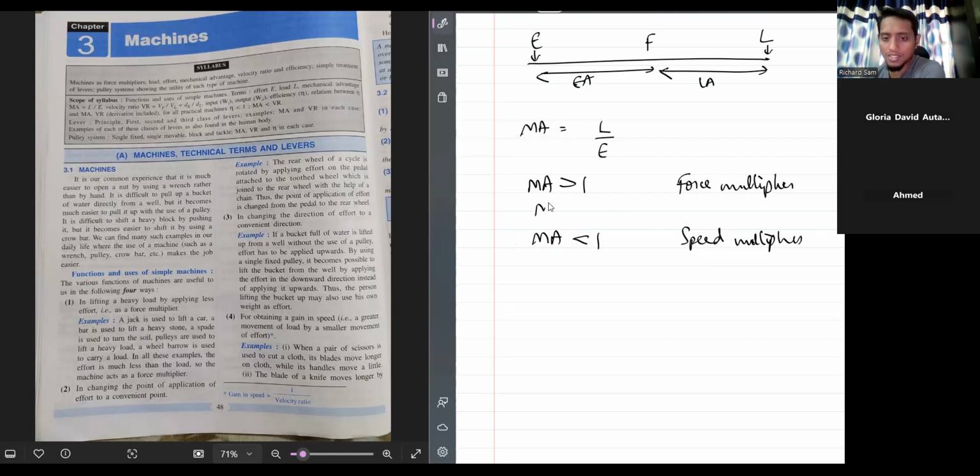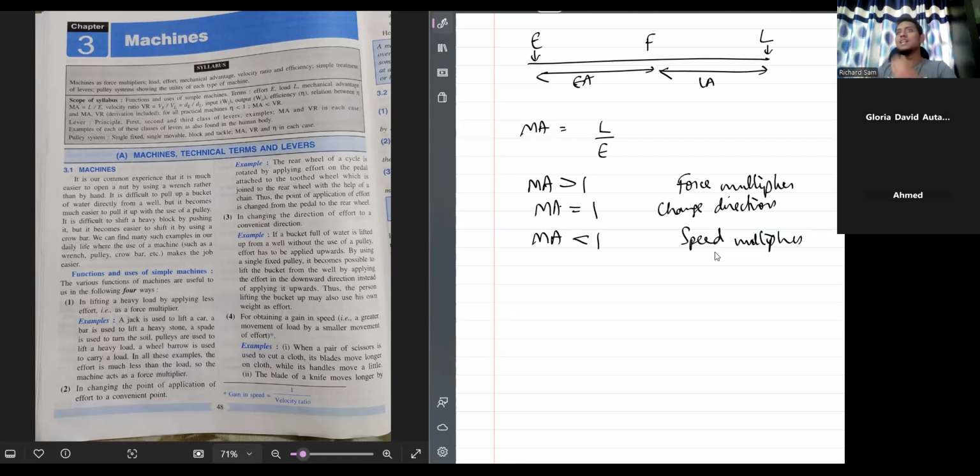What if a machine has a mechanical advantage of exactly 1? Then it's not a force multiplier, it's not a speed multiplier. Then why do we need such a machine? Mostly it is used to change direction. Like a pulley that is lifting water from the well. That pulley is not a force multiplier, and it doesn't act as a speed multiplier.